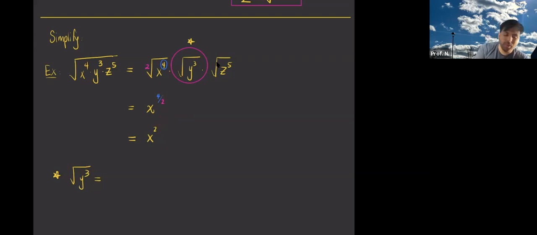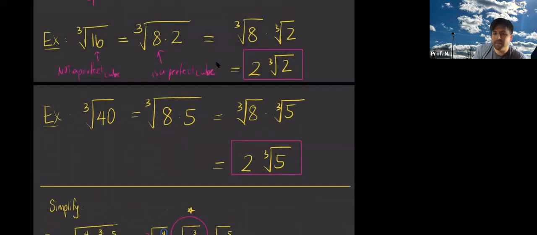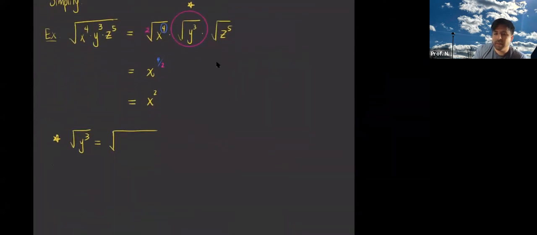So what are we supposed to do here? We're going to do a very similar thing. We're going to try to find two numbers, or in this case, two variable expressions, where one of them is a perfect square. And we want to find the largest perfect square that's a factor of y cubed.